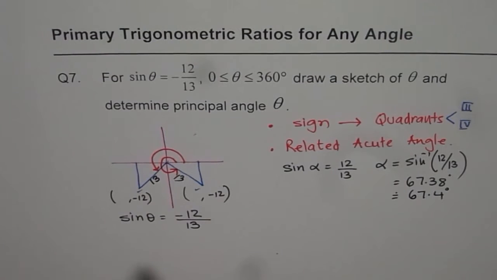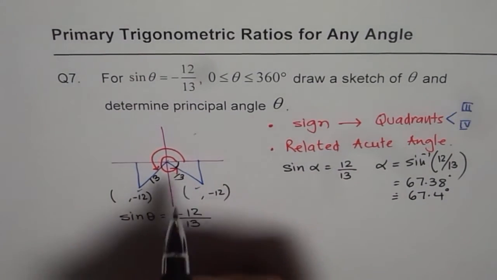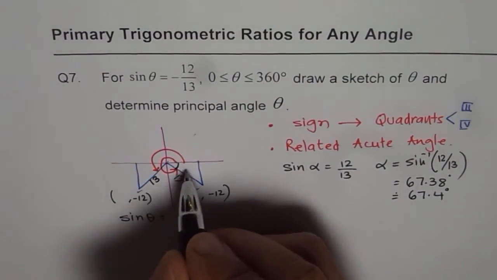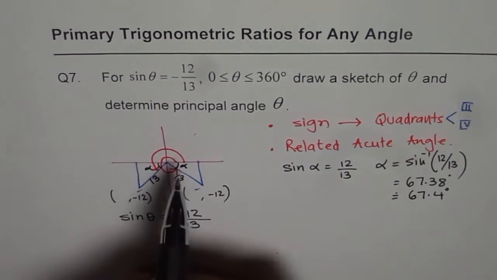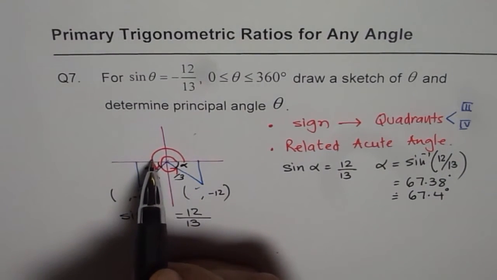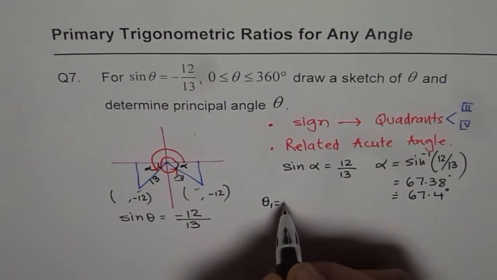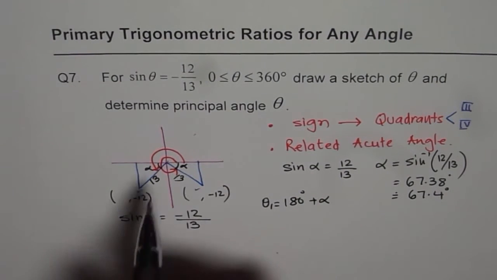This is the acute angle, the angle with the horizontal, so this is alpha, right? But what is theta? In the first case, theta 1 is 180 degrees plus alpha, which is here.